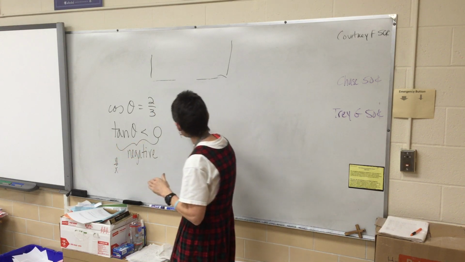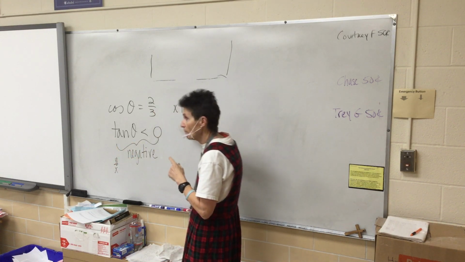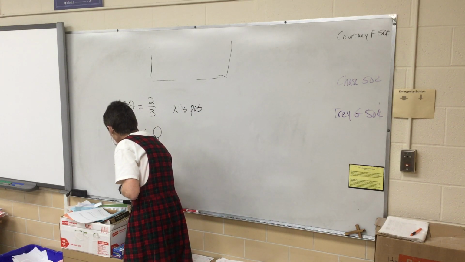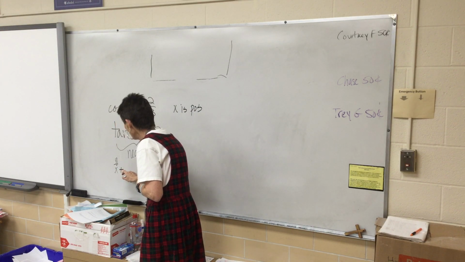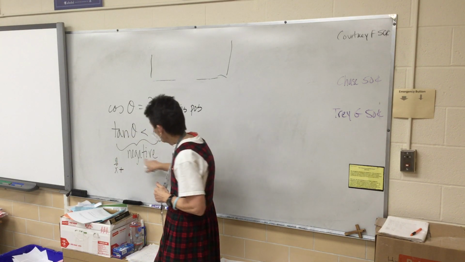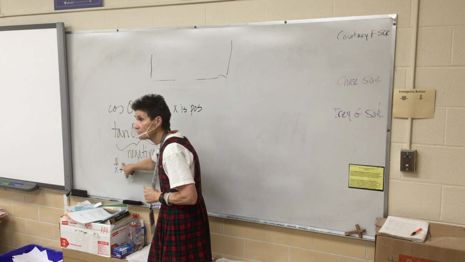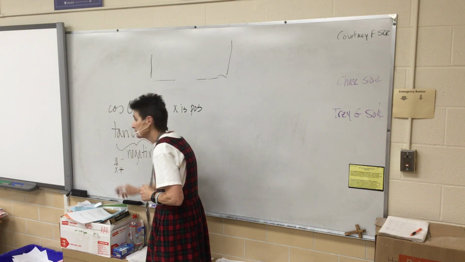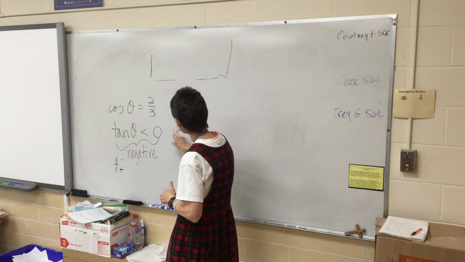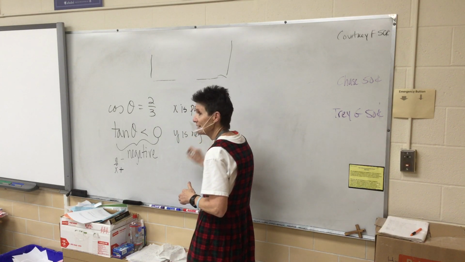But we already know x is positive from this, right? So if we already know x is positive, but the fraction has to be negative, what does that tell me about y? It's negative. So I'm in a situation where I know x is positive, but y is negative.